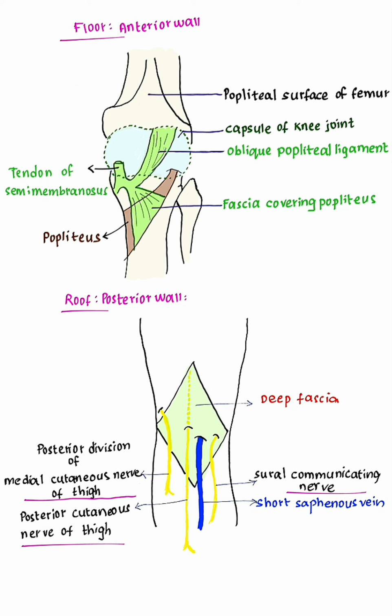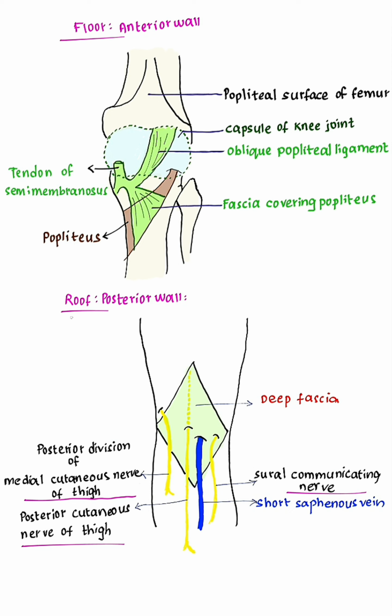Oblique popliteal ligament is a fibrous extension from tendon of semimembranosus. Fascia covering popliteus muscle is also a fibrous expansion from tendon of semimembranosus.